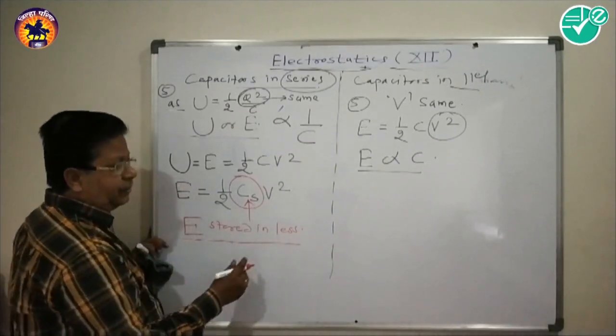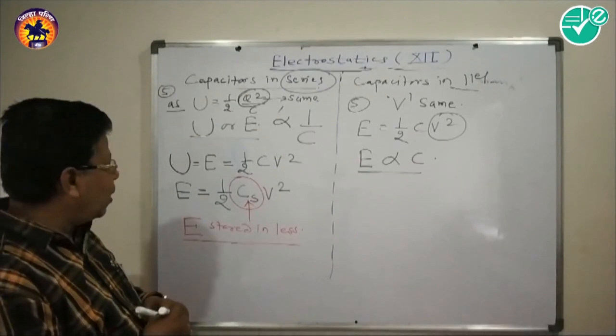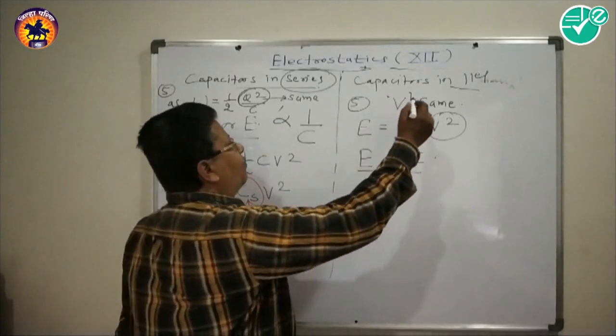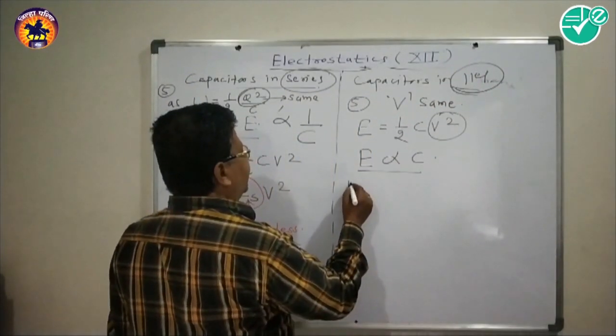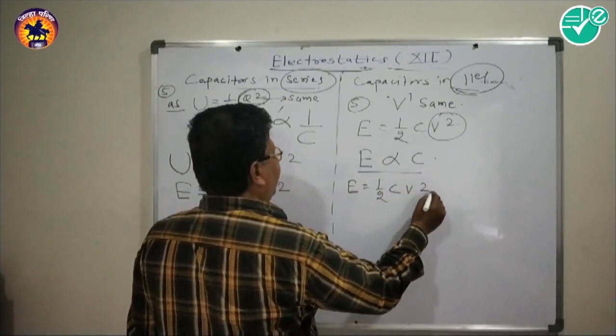So series combination cannot store large amount of energy. And in case of parallel combination of capacitor, again we have the expression for energy U is equal to 1 by 2 CV square.